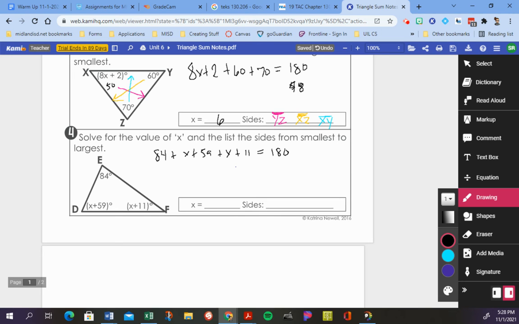Let y'all do that real quick. So x equals 13. Check my math.